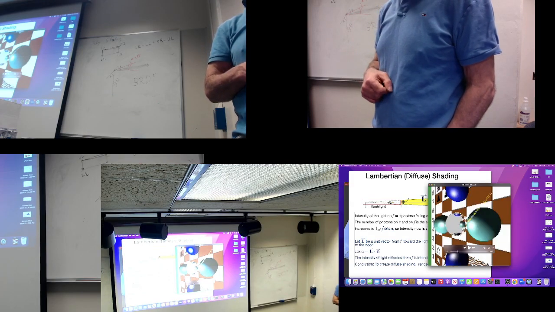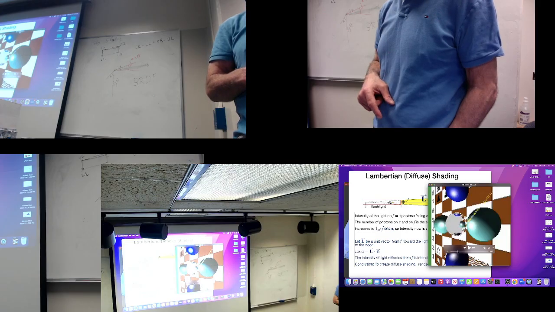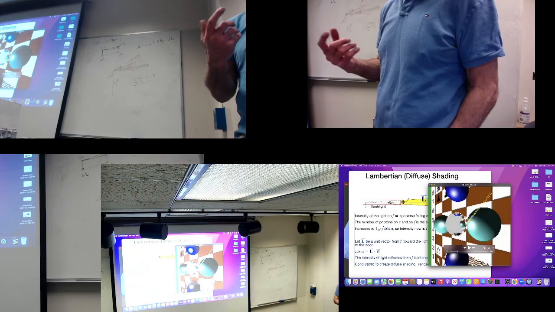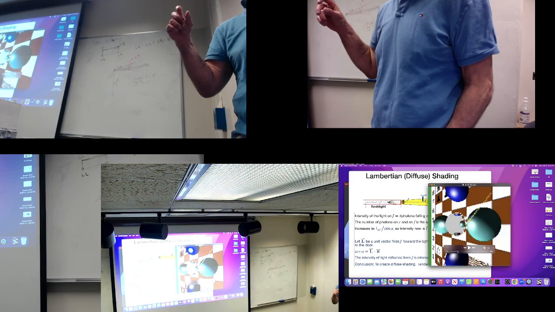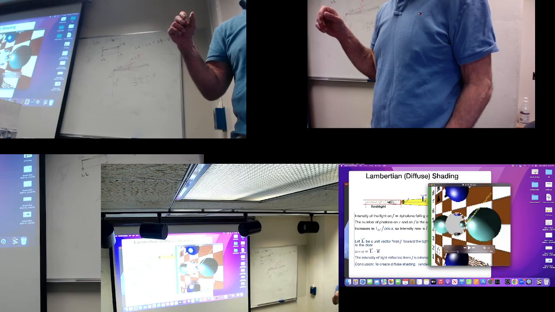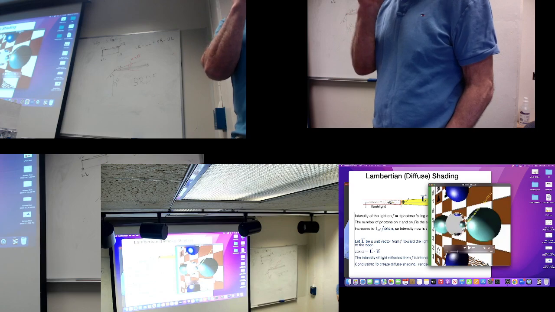I think that you have to normalize all the time, otherwise, if I have a small sphere and a large sphere, one will be illuminated differently than the other because the L vector will be different. You could get to the same answer by normalizing them, because then when you take the dot product, you get the cosine.